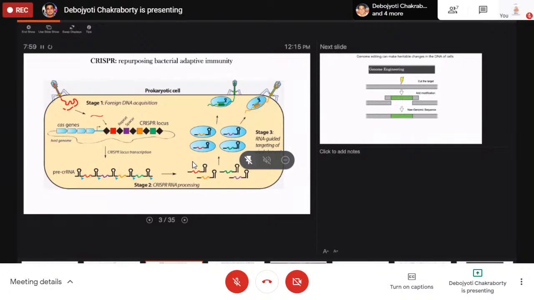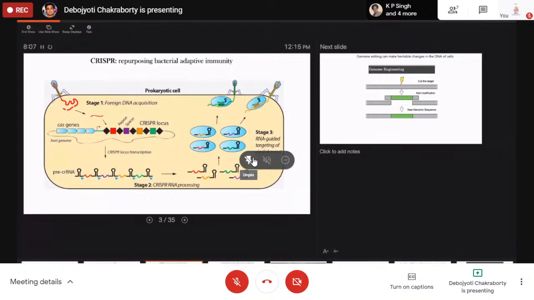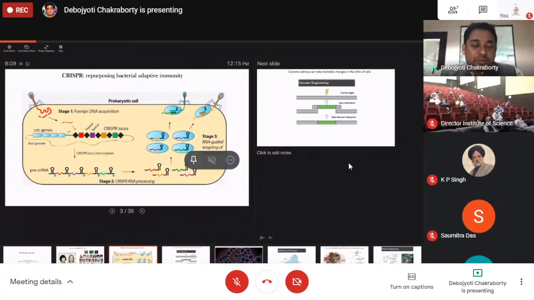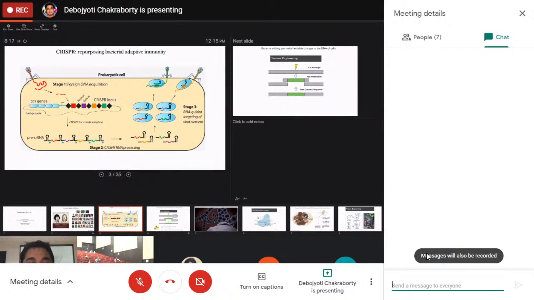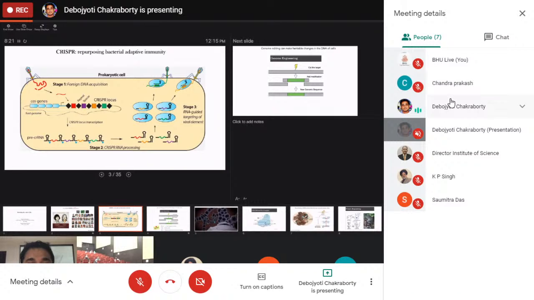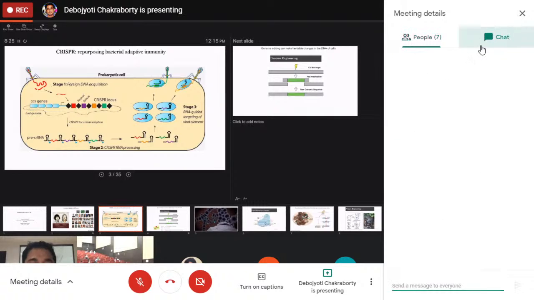So when that same bacteriophage attacks the next time, which is shown on the right side of the top, an RNA is transcribed from that locus, which now corresponds to the viral genetic material. It's quite amazing how smart the bacterial cell is. Once this RNA is produced, it complexes with the Cas protein, goes and binds to the viral nucleic acid that comes as a reinfection, and chops it into pieces.